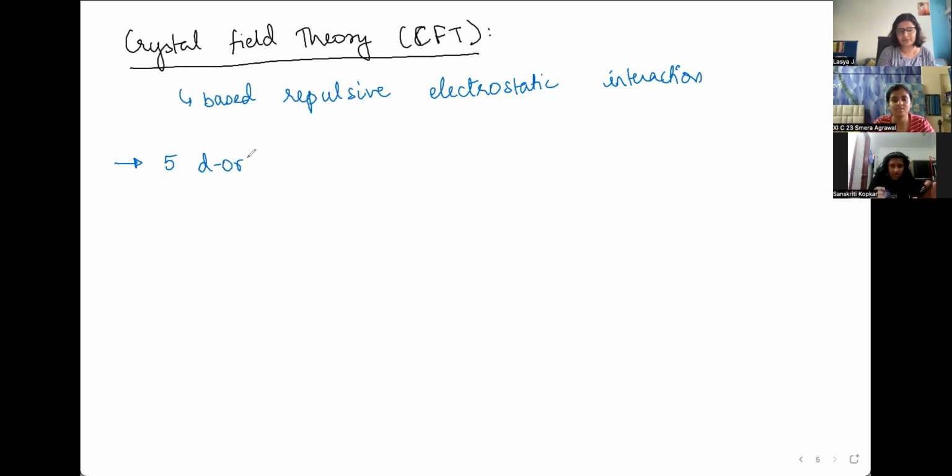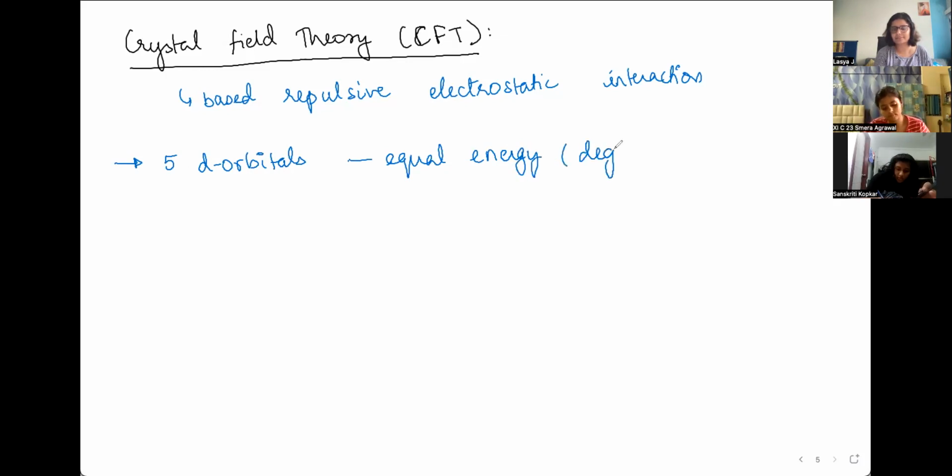In a normal neutral atom, without any bonding at all, these 5 d orbitals will have equal energy. They are called degenerate. Degenerate simply means equal energy. They're all equal to each other. Look at the shape of these orbitals.